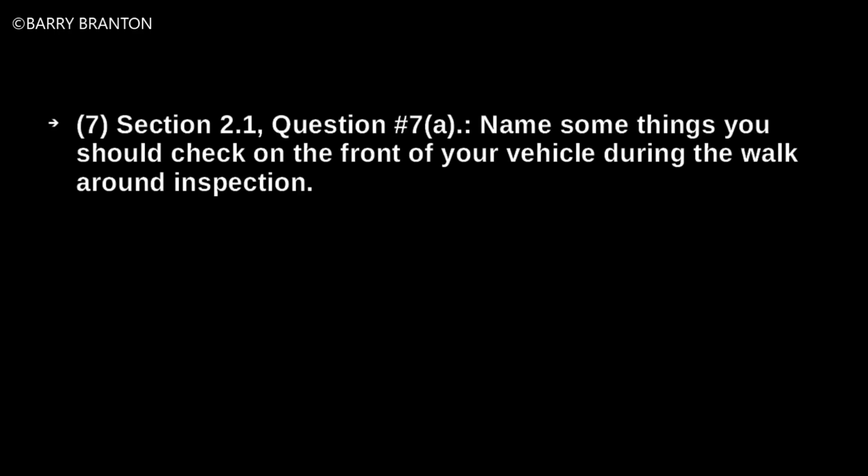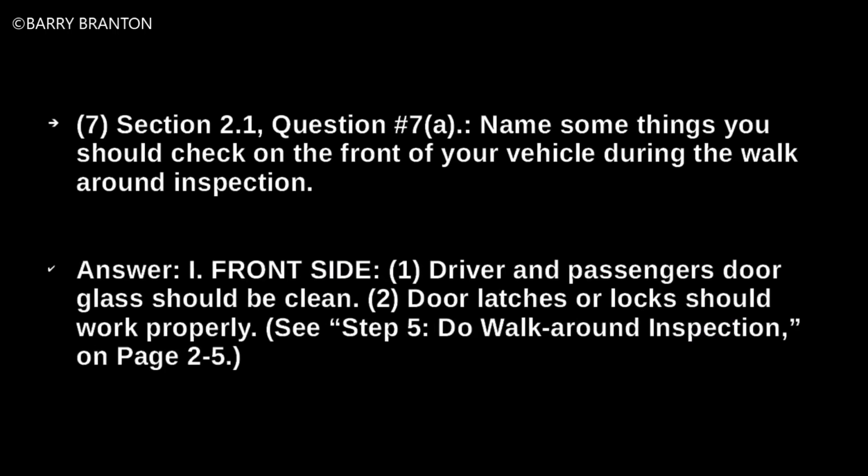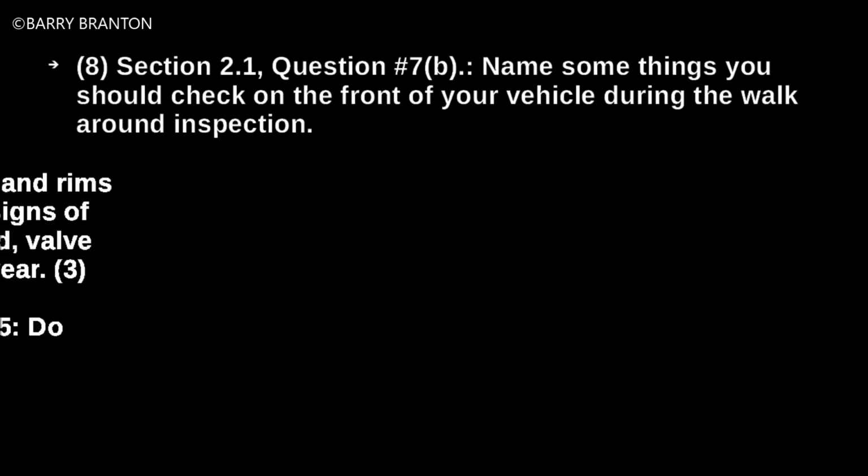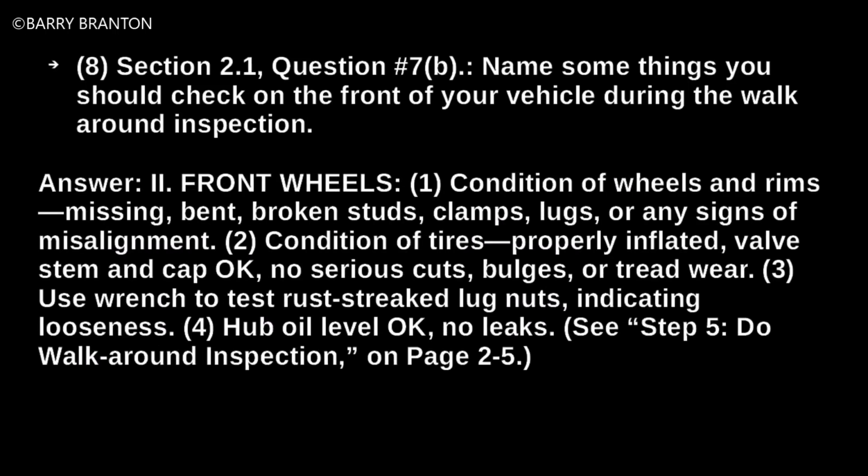Name some things you should check on the front of your vehicle during the walk-around inspection. Door and passenger door glass should be clean. Door latches or locks should work properly. Continued. Condition of wheels and rims.